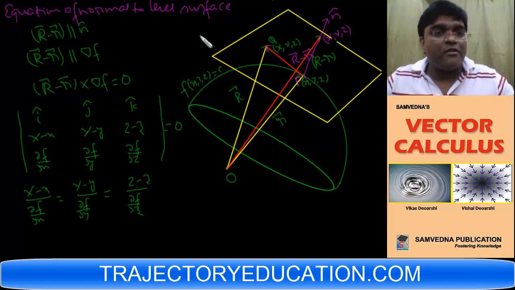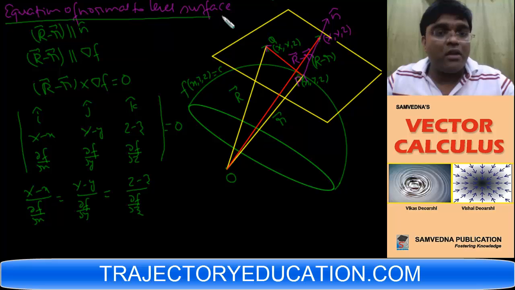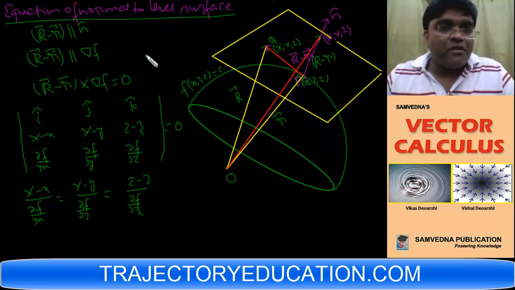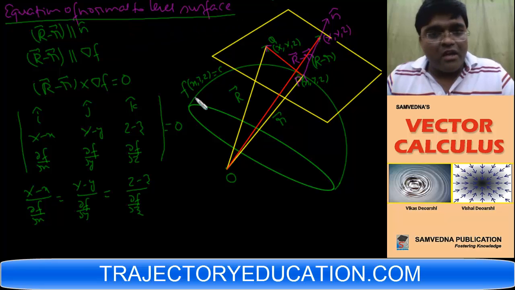So this is the equation of the normal to the level surface.